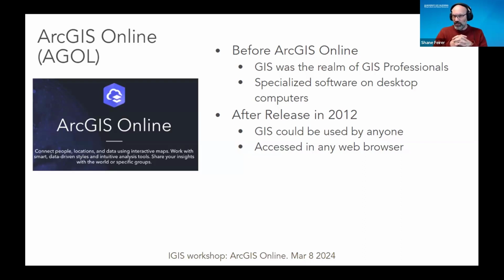But early on in 2012, when they first came out, it was really just a matter of you could bring some layers together, symbolize them, and view them. There really wasn't analysis capabilities. You couldn't do a lot of the basic things you could do in desktop GIS. But that has changed, and that has changed considerably in the last almost decade and a half.